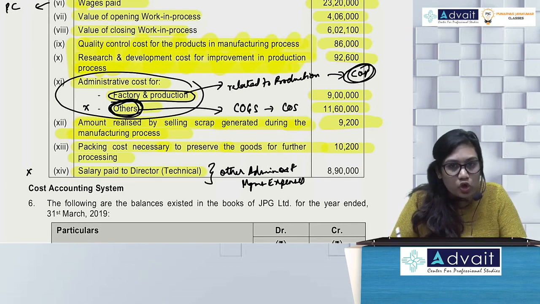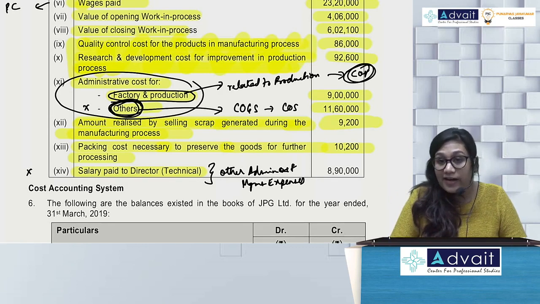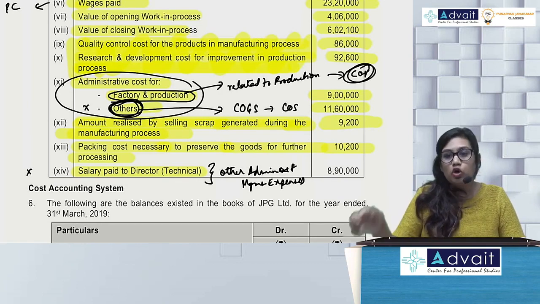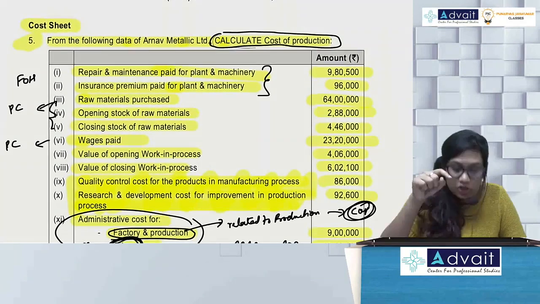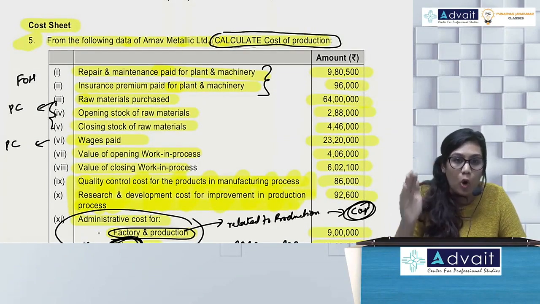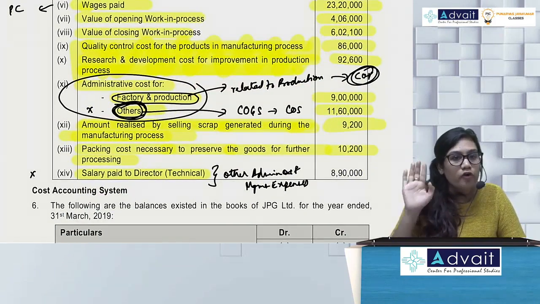After cost of goods sold, I would have added selling and distribution overhead, and I would have added administrative overheads others which are not related to production. This would have come there. But now what have they asked us to calculate? They have asked us to calculate cost of production only, which means this will not form part of cost of production.